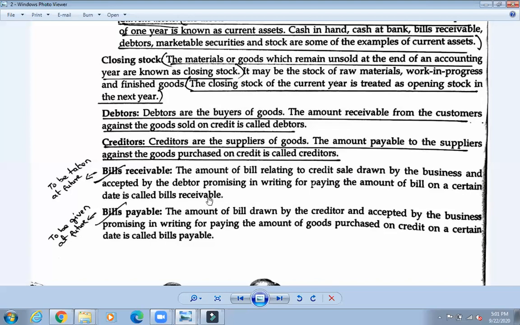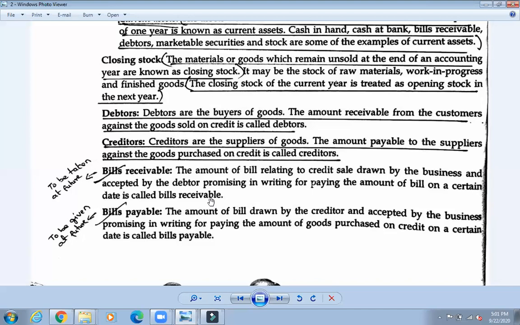You have recorded it as credit, but the debtors promise that they will pay later. So you need to receive at the future. There is a written agreement, saying that after 2 months I'm going to pay this. That is called bills receivable.